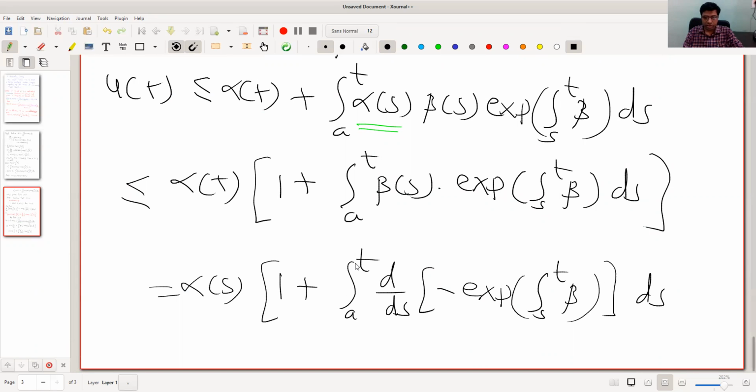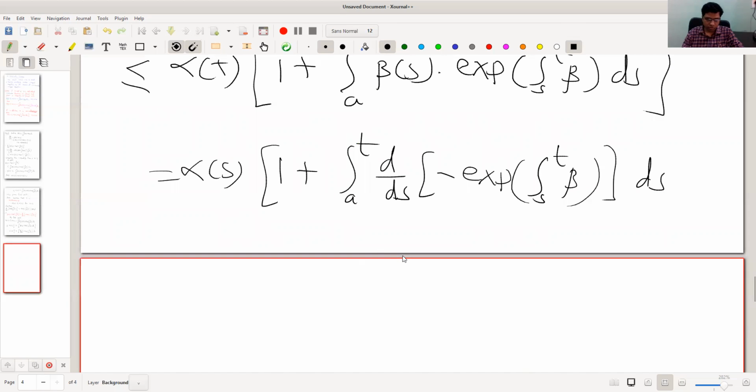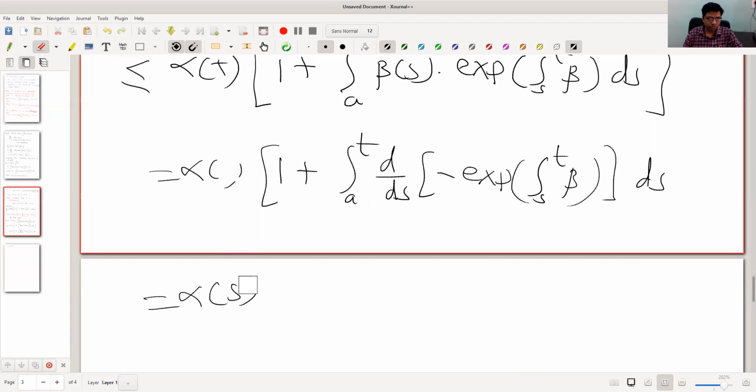Now this is integral d by ds. So this is equal to alpha of s into, sorry, it should be alpha of t, it should be alpha of t into 1.